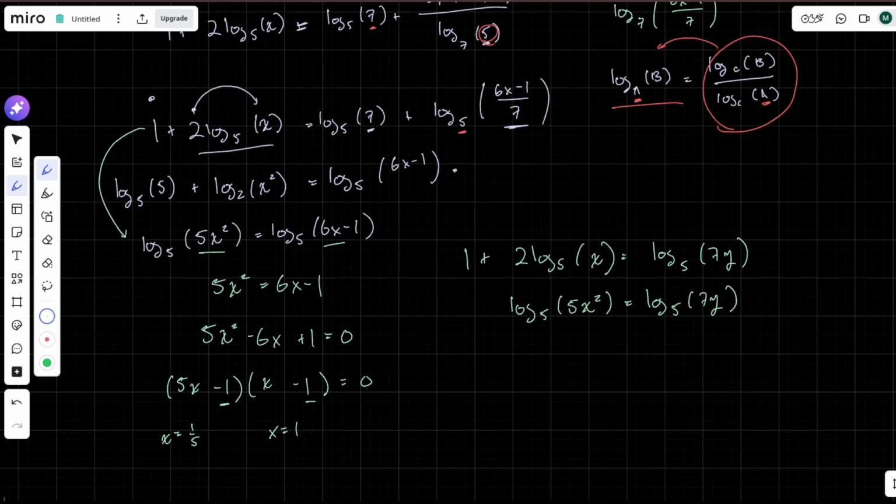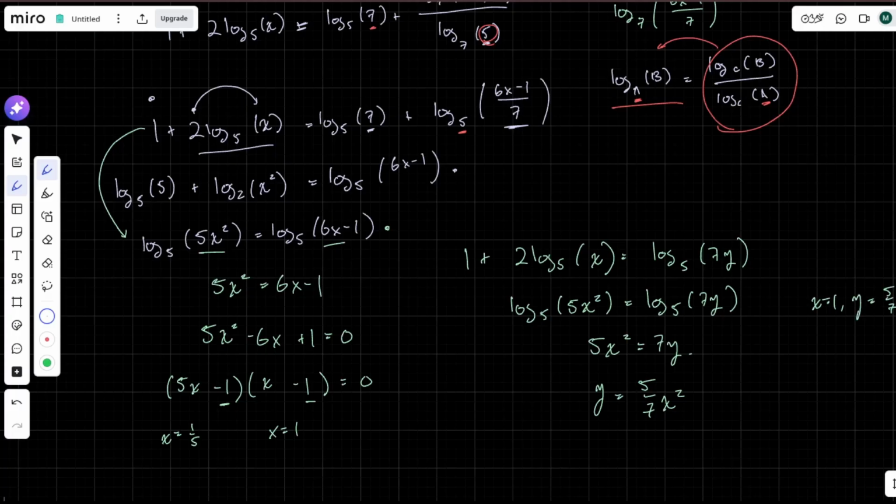And then, helpfully here, we can extract just a relationship, right? Now this is not in terms of x like it was over here, but I've just got a relationship between the value of x and the value of y. So y will be 5/7 of whatever x is squared. And if x is 1, y equals 5/7.